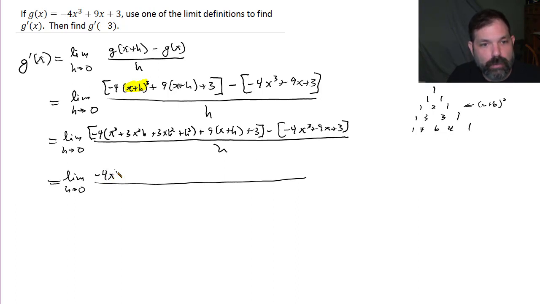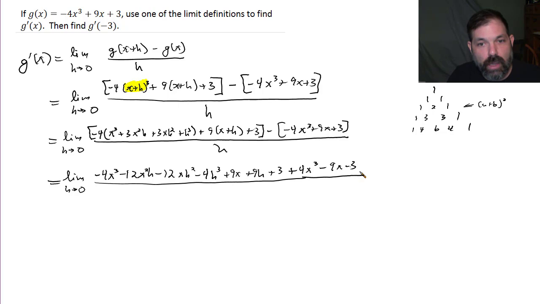Negative 4x cubed minus 12x squared h minus 12x h squared minus 4h cubed plus 9x plus 9h plus 3, plus 4x cubed minus 9x minus 3. Be careful.